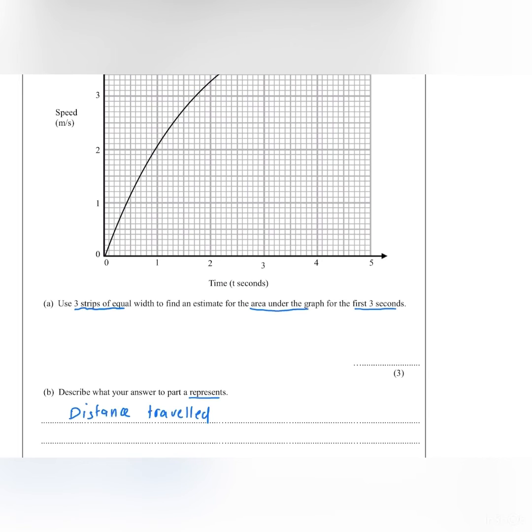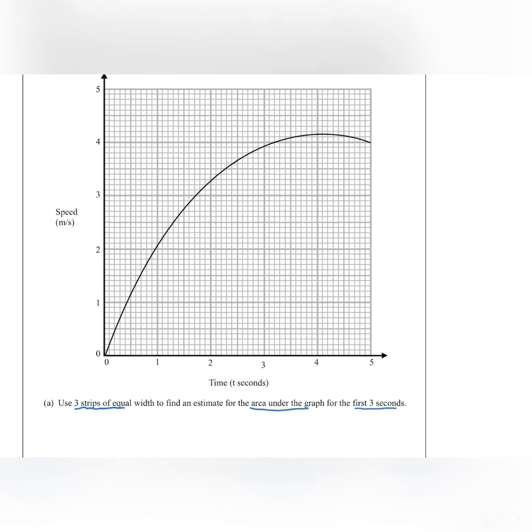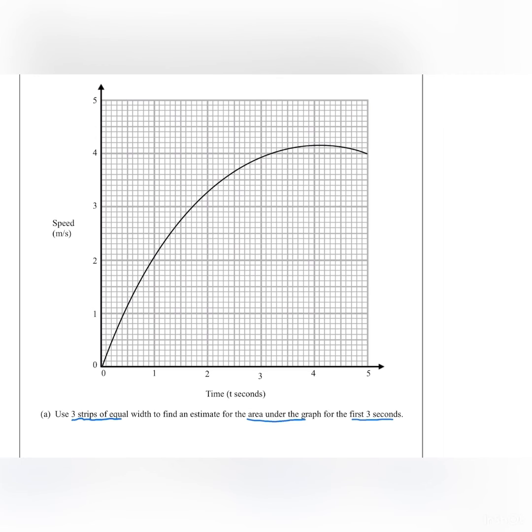Okay, so now looking at part A, it says use 3 strips of equal width to find the area in the first 3 seconds. Now because the graph is a curve and we cannot find the exact area under the curve, I'm going to split this up into 3 equal strips.